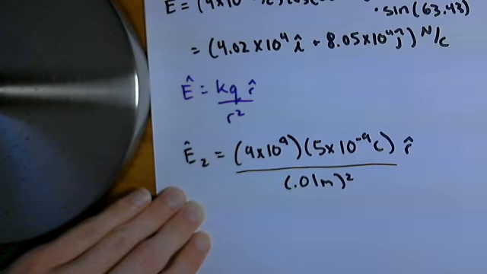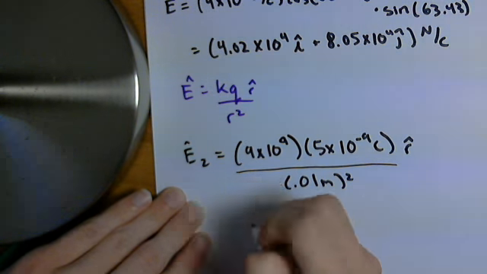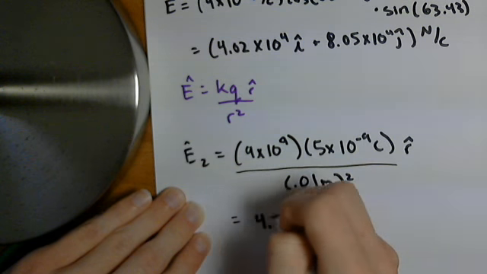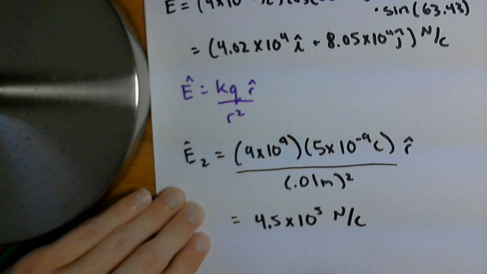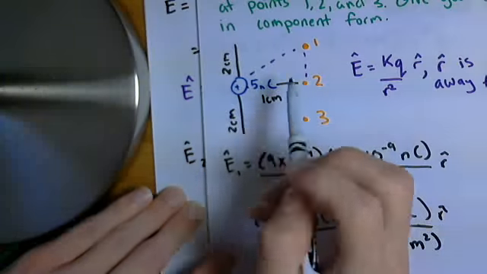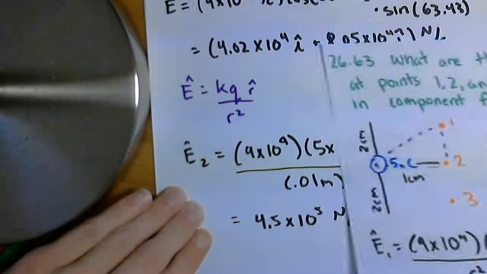We plug that into the calculator and get the answer 4.5 times 10 to the 5th. And now we need to find theta. You can see that theta is 0 since it's just a horizontal line.